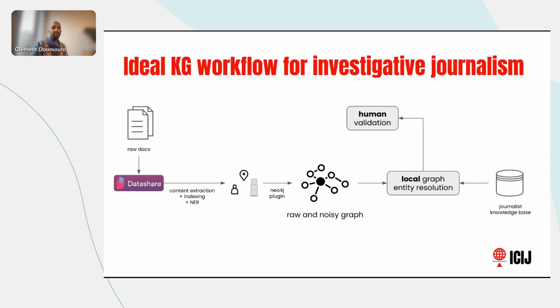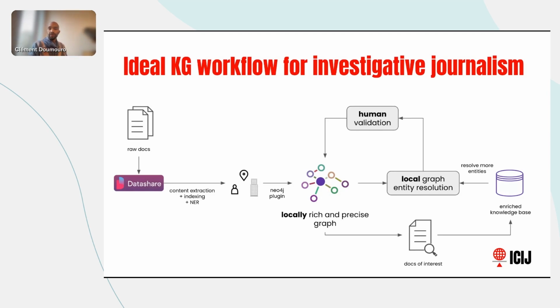We'll still perform manual validation to fact check that the information is correct. After that, we'd like to enrich our raw graph to produce a new graph, which is locally rich and precise. Using this graph, the journalist should be able to find all the documents containing entities from their knowledge base. Analyzing these documents should enable them to find new entities that they can later add to the knowledge base to perform new rounds of graph resolution.